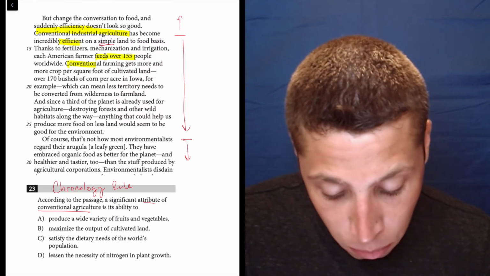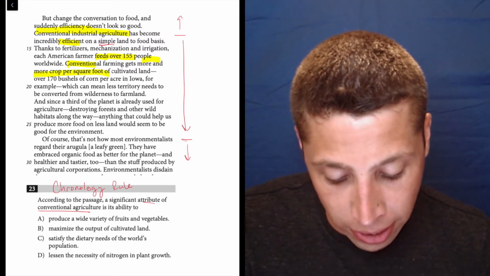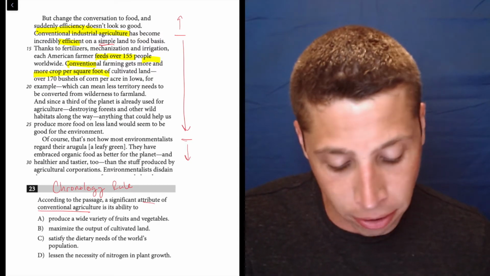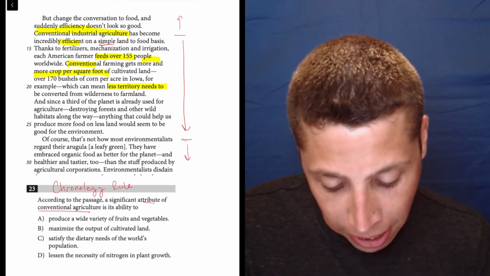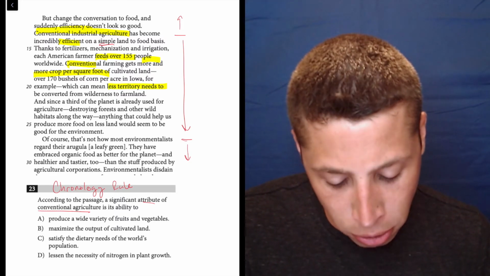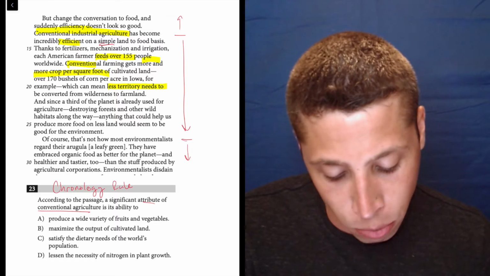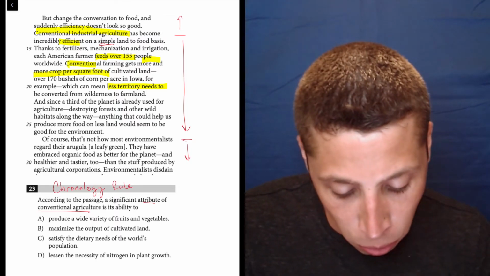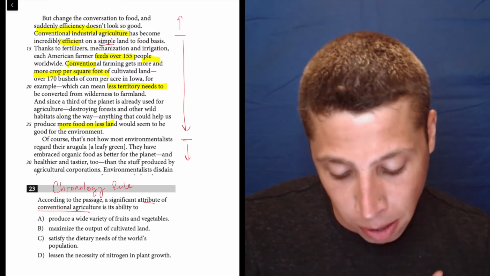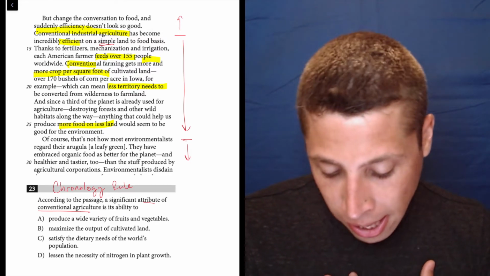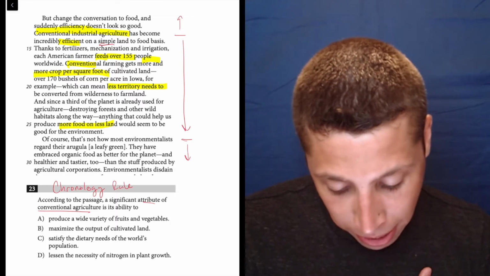"Conventional farming gets more and more crop per square foot of cultivated land, over 170 bushels of corn per acre in Iowa, for example, which can mean less territory needs to be converted from wilderness to farmland. And since a third of the planet is already used for agriculture, destroying forests and other wild habitats along the way, anything that could help us produce more food on less land would seem to be good for the environment. Of course, that's not how most environmentalists regard their arugula, a leafy green. They've embraced organic food as better for the planet and healthier and tastier too."